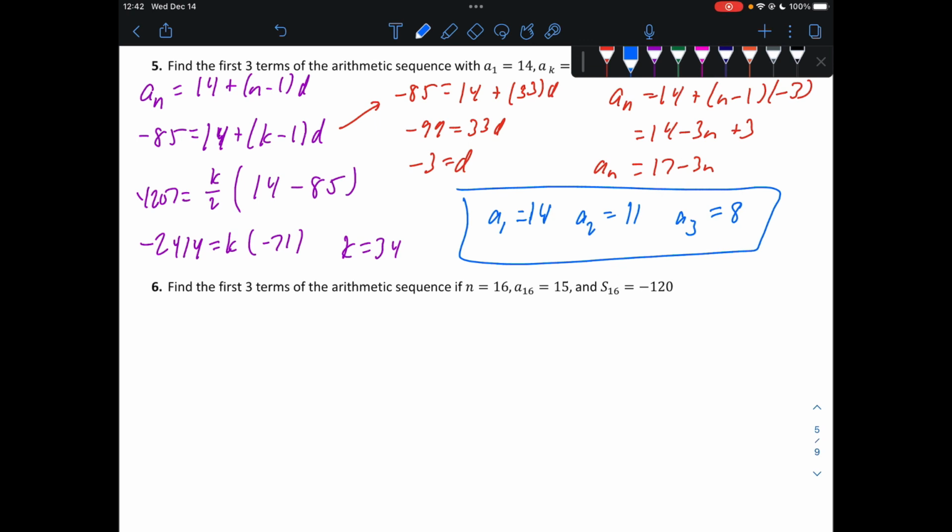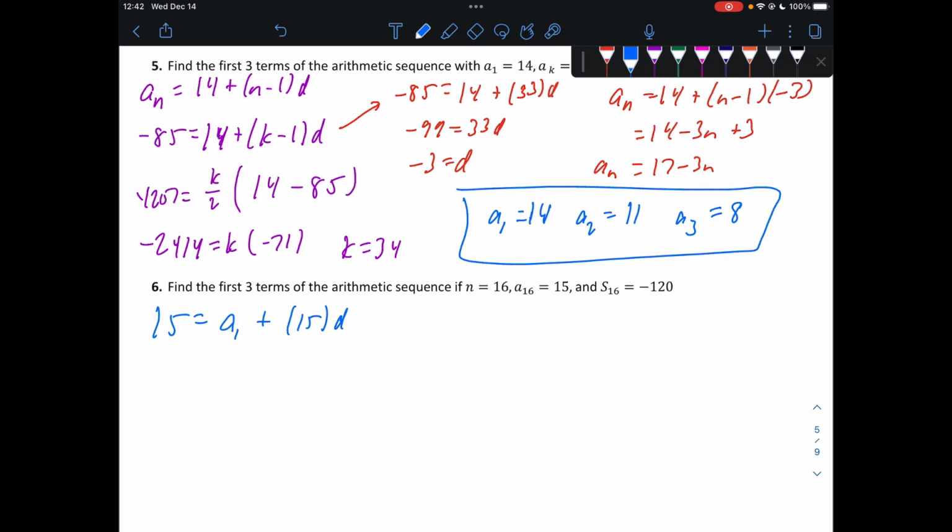Number 6 says find the first three terms of the arithmetic sequence. If n is 16, a sub 16 is 15, and s sub 16 is negative 120. Okay, so if I know a sub 16 is 15, we can write 15 equals a sub 1 plus n minus 1, which would be 15, d.